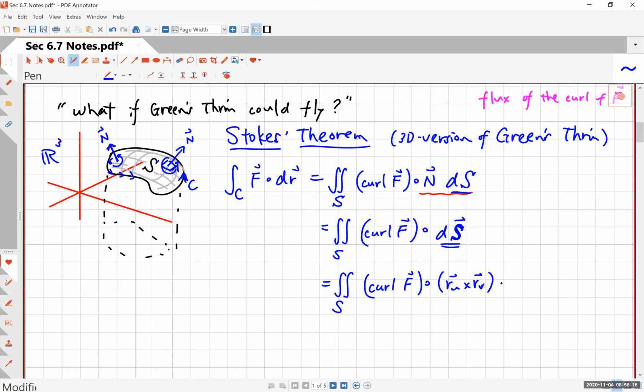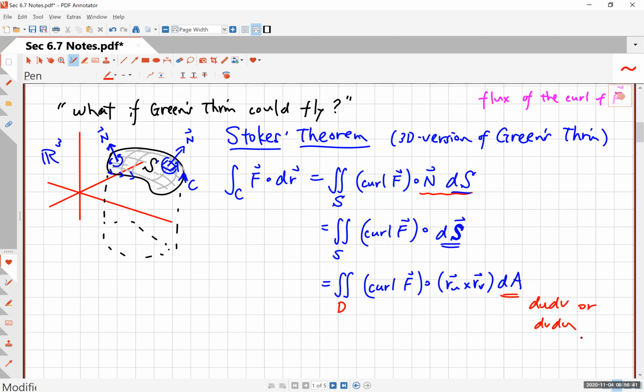And it turns out to be this, and then dA. At this point, I will have to fix S because we are no longer on the surface, but on the UV plane. So this dA is dv du or du dv, right? This is how we are going to calculate this.